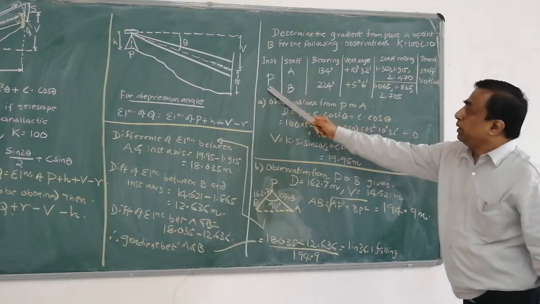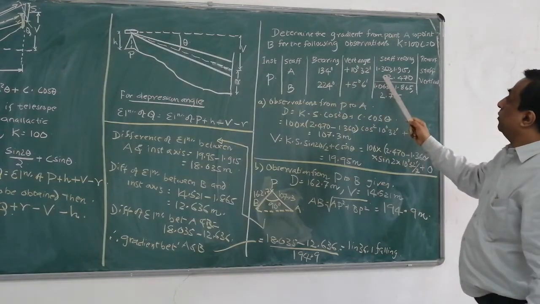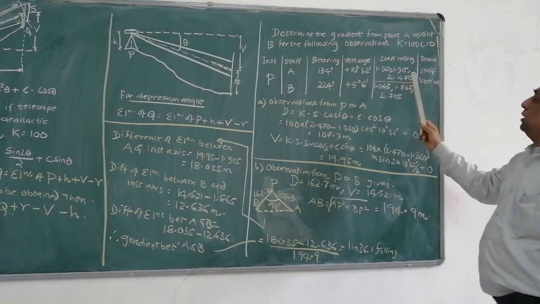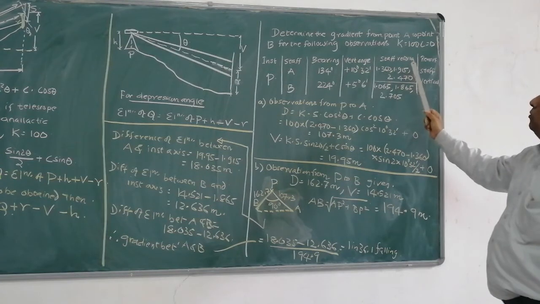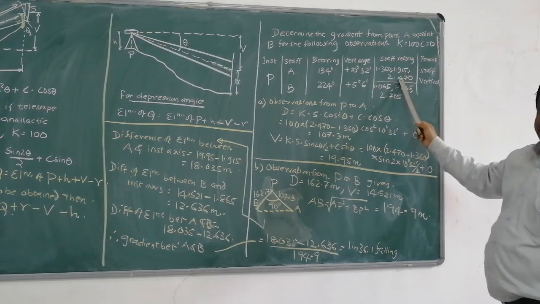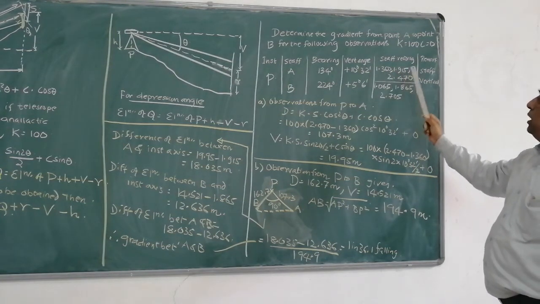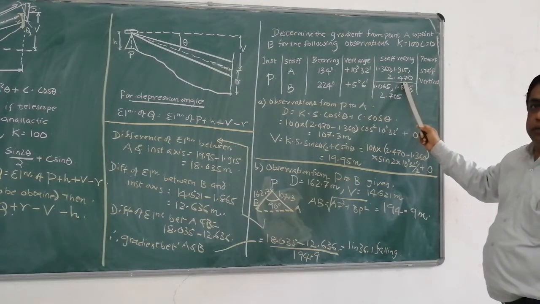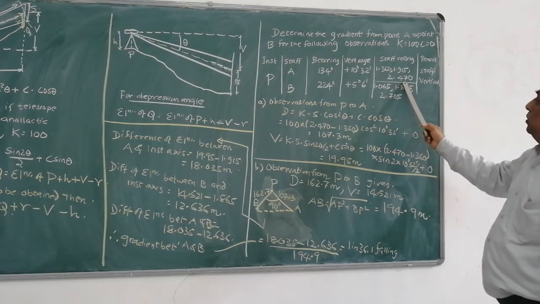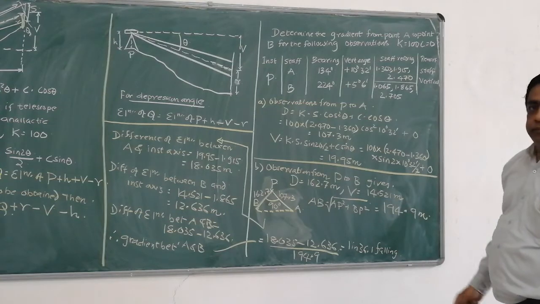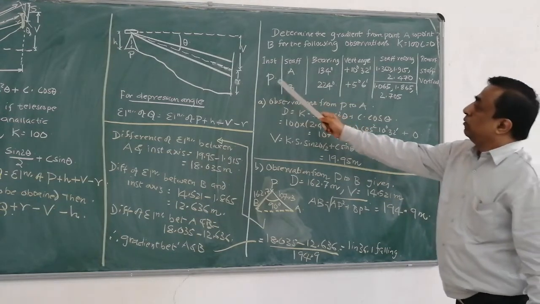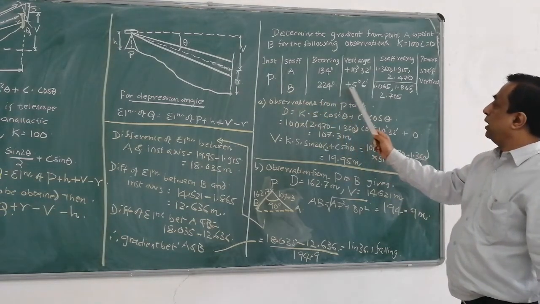Now, from P to A, we have got three staff readings: bottom, middle, and top. Bottom, middle, and top staff readings are known and observed. From P to B, the same thing.